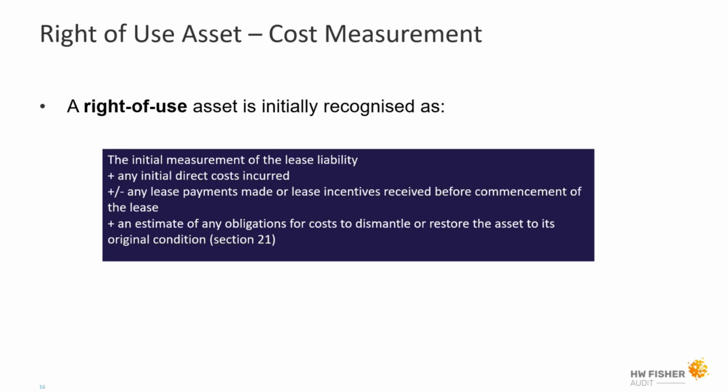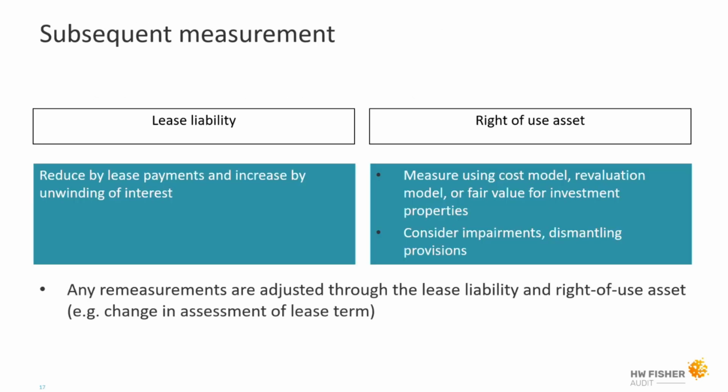Within that, there is judgment. Is it a current cost? Is it in 10 years? Do you have to discount that down? Does that equal roughly a current cost? So there is some judgment around dilapidations, but it is something we now need to consider, and sooner than we sometimes do at the moment.